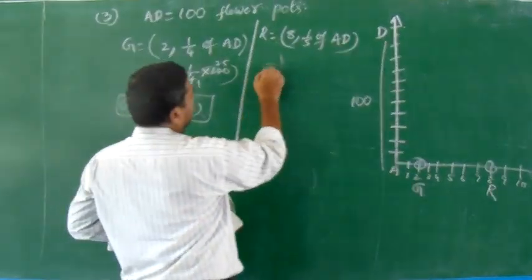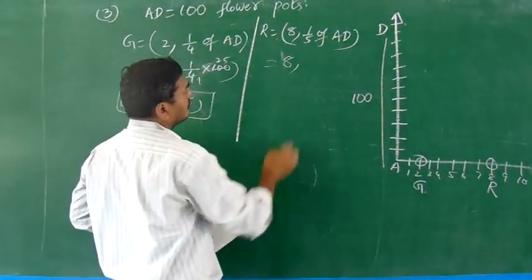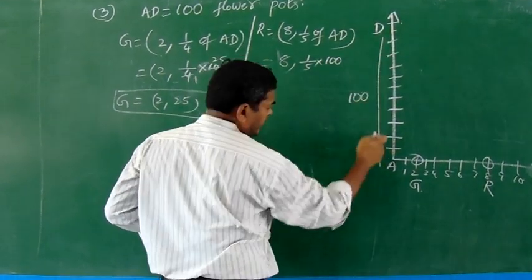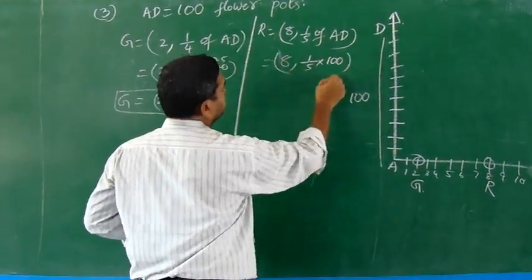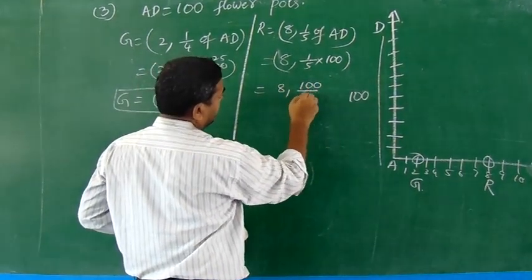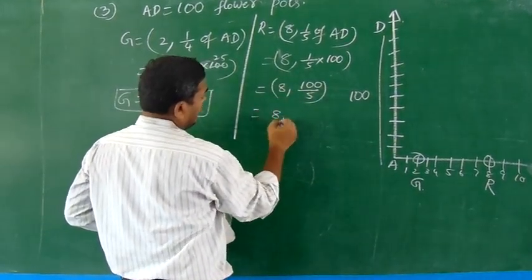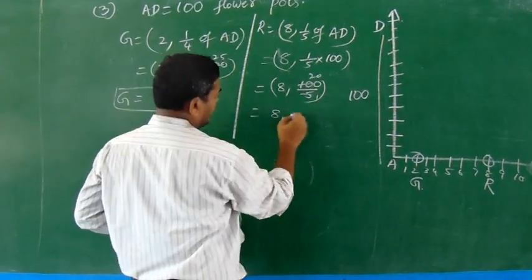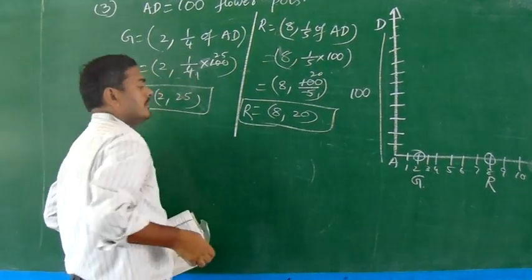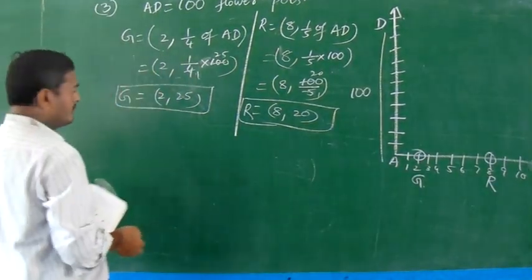That means 8 comma 1 by 5 into AD. Total AD distance is 100. Now 8 comma 100 by 5. 5 ones are 5, 5 fours are 20. So the red coordinates are 8 comma 20.